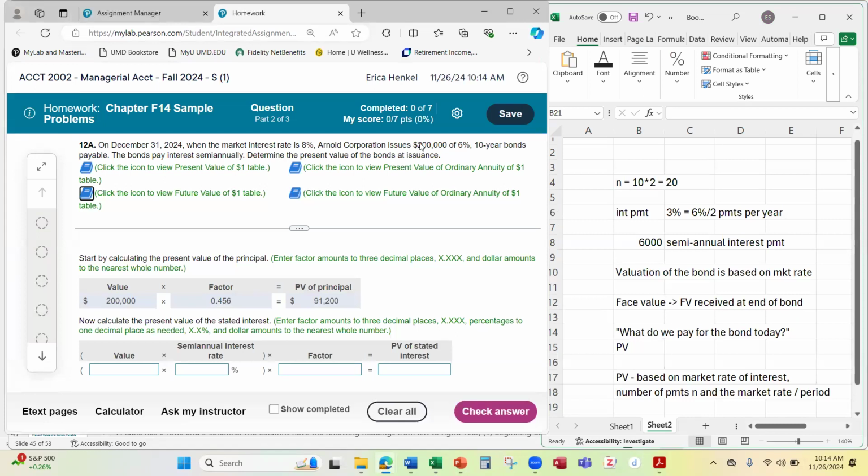So when they say we issue $200,000 of 6% 10-year bonds, that means they're making payments to us for 10 years. The payments are semi-annual, so they're going to make a series of 20 interest payments to us over time, at 6% annually or 3% every 6 months. So we calculated our semi-annual payment here.